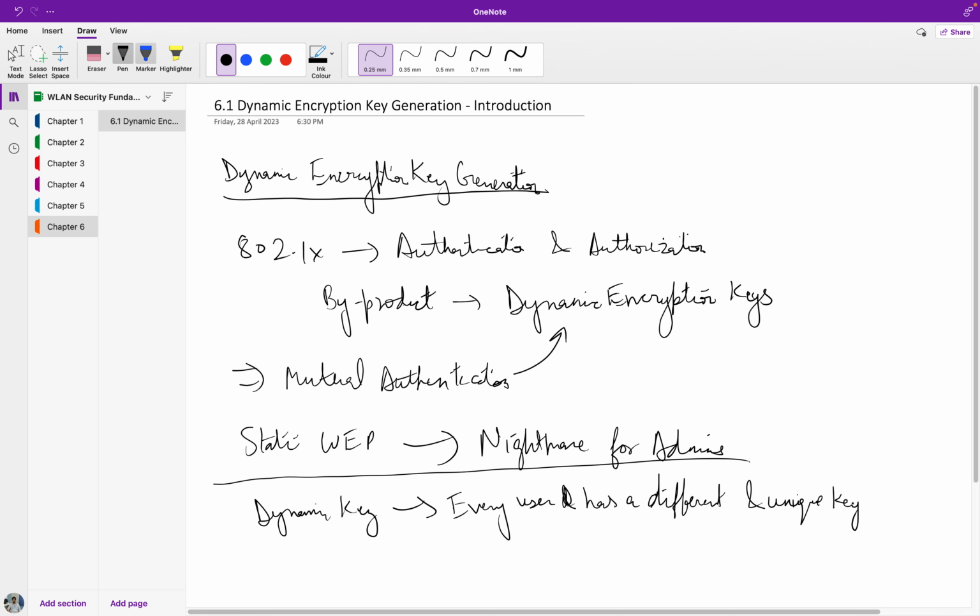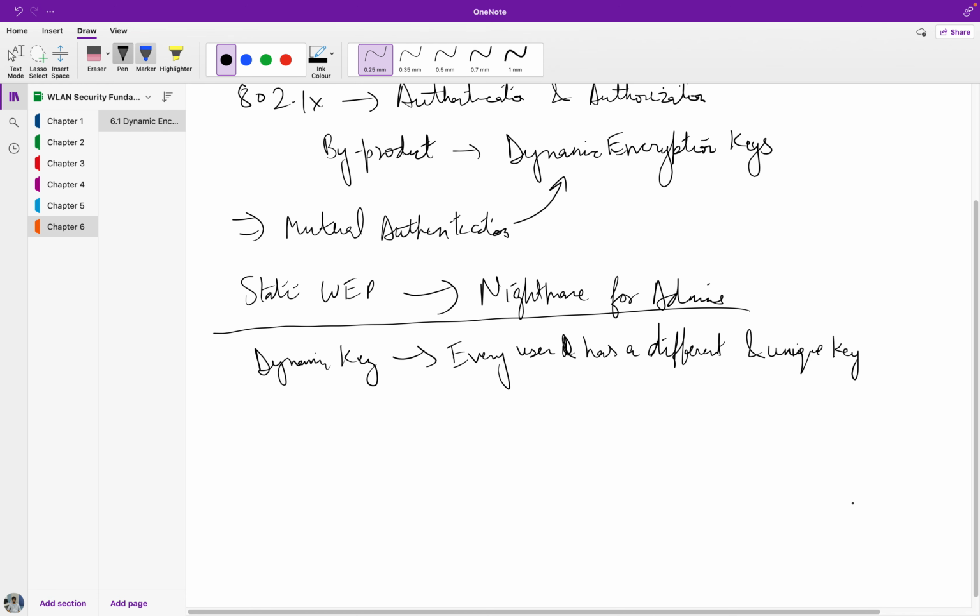This makes the social engineering problem go away. So this is the advantage of the dynamic key.